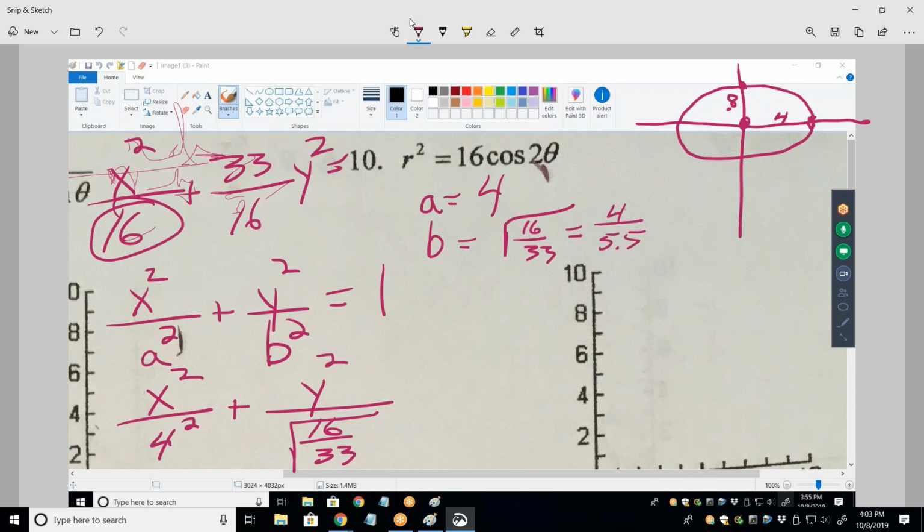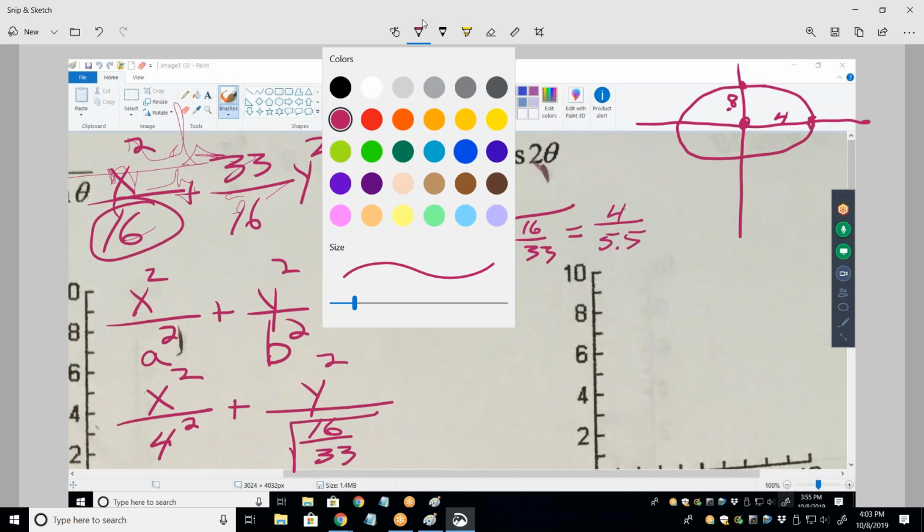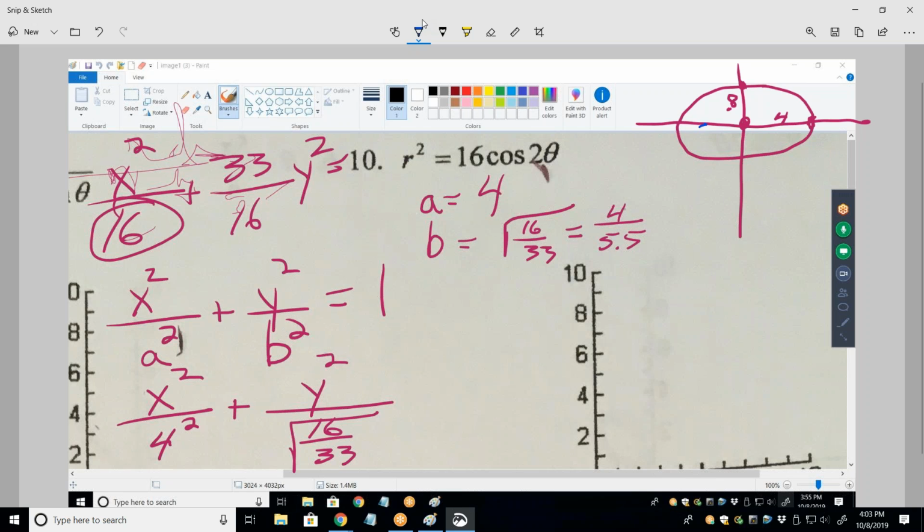They did not ask for the foci. There are 2 foci, one of them about right there and one of them about right there. But the graph of the ellipse does not include the foci. The graph of the ellipse is strictly the circumference. So I know how to do it now. I don't need the foci on there.